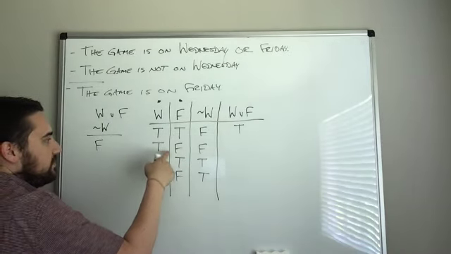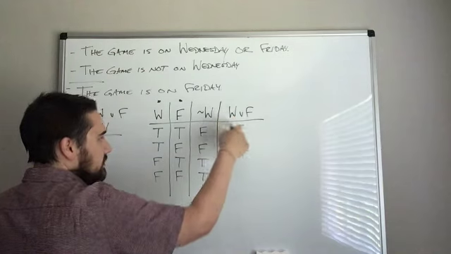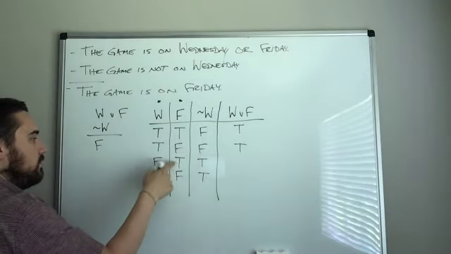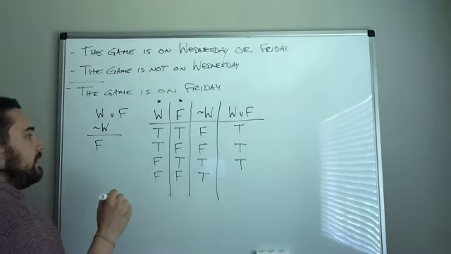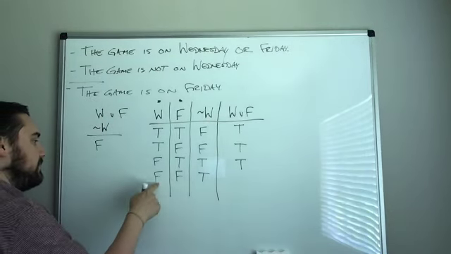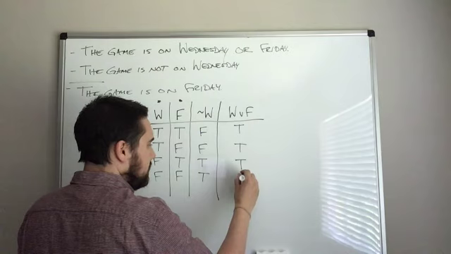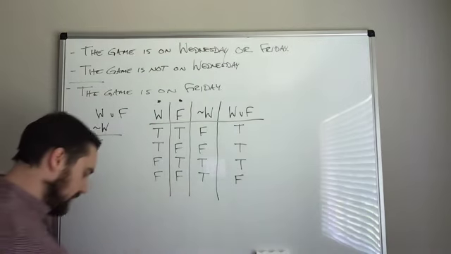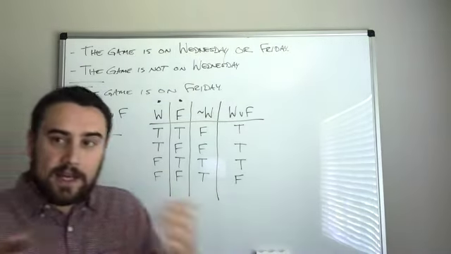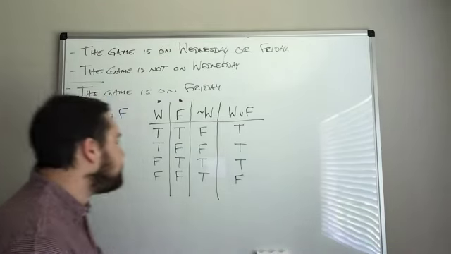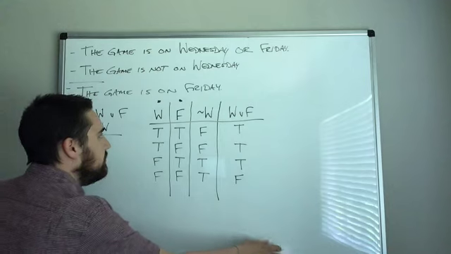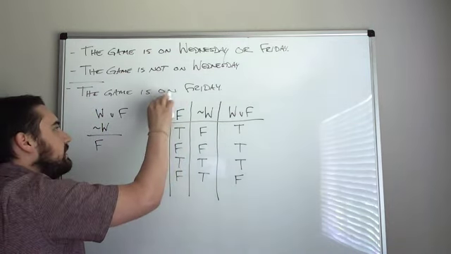Here the left disjunct is true, so we know that the disjunction is true. Here again we have one true disjunct, so we know this disjunction is true. And then here we have two false disjuncts, in which case the disjunction has to be false. Okay, so that's the extent of everything we've learned in the past few lectures. Now the question is, okay, is this argument valid or invalid?